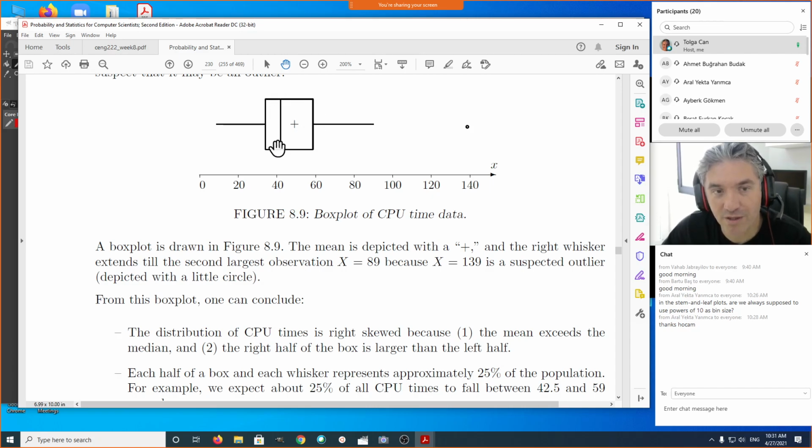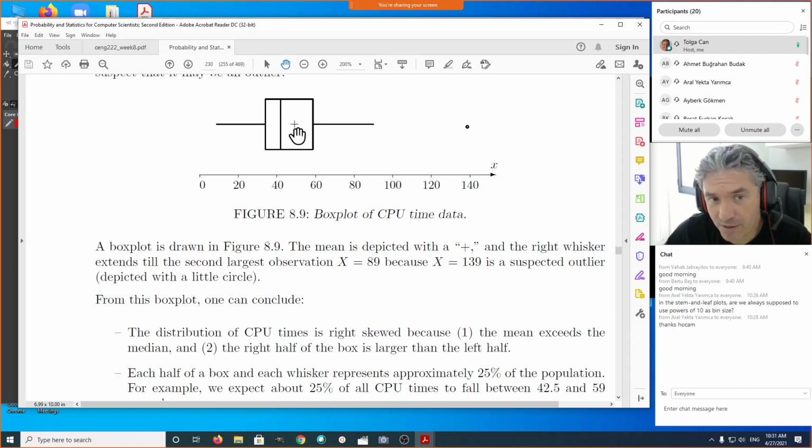Quartiles are shown with these box edges or vertical line segments within the box. So this one, therefore, is the median, and the mean is depicted with this crosshair that is inside the box.